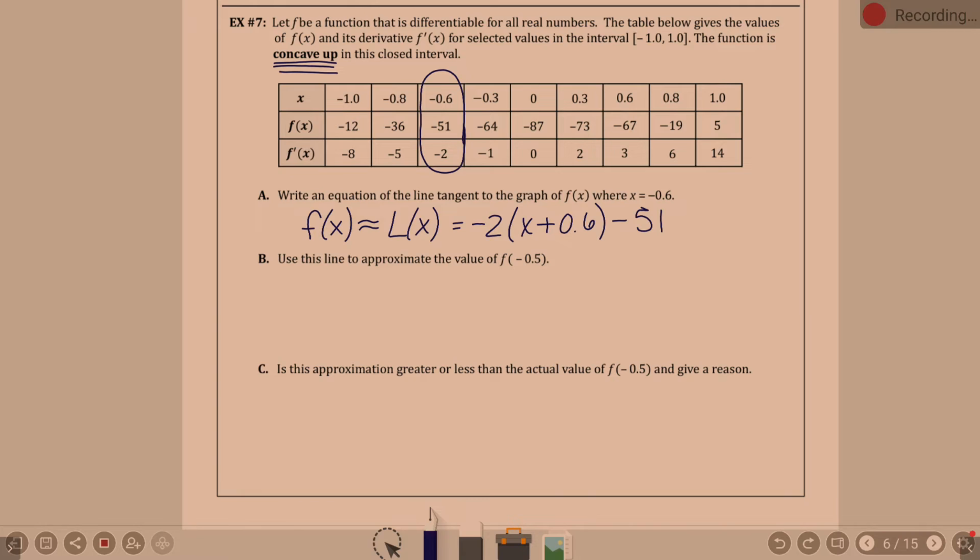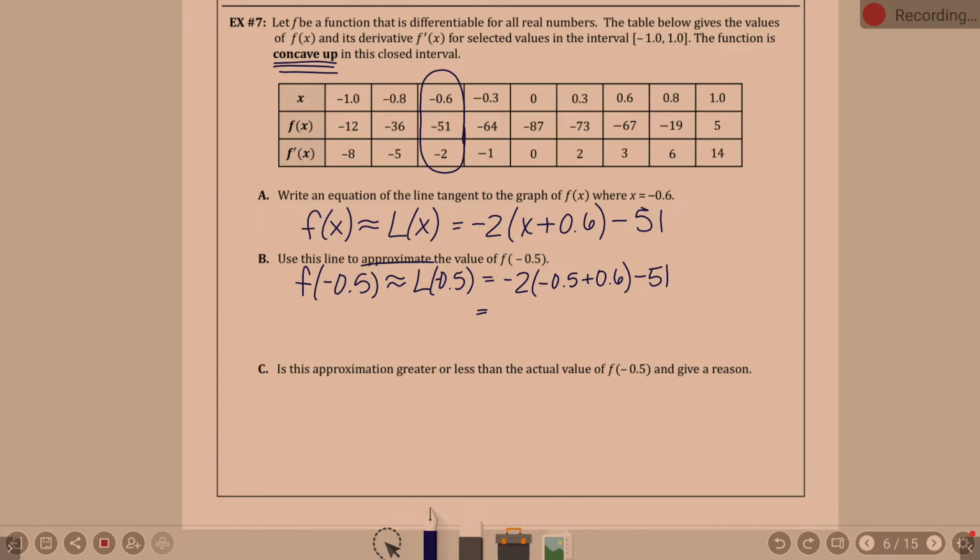Use this line to approximate the value of f(-5/10). That's easy enough, right? Notice it does say approximate. So f(-5/10) is approximately equal to L(-5/10): negative 2 times negative 5/10 plus 6/10 minus 51. Negative 5/10 plus 6/10 is 1/10.